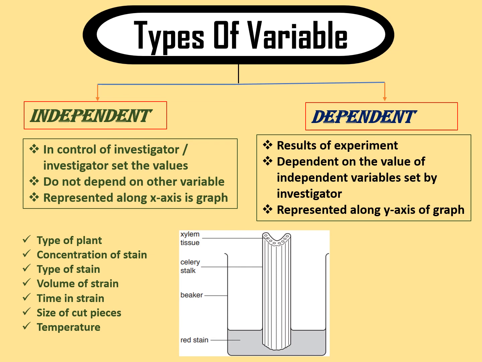So they depend on independent variables which are set by the investigator, and these are basically the results of your experiment, and we always represent these dependent variables along the y-axis of the graph. For example, the velocity of the stain in the celery stalk is the dependent variable.